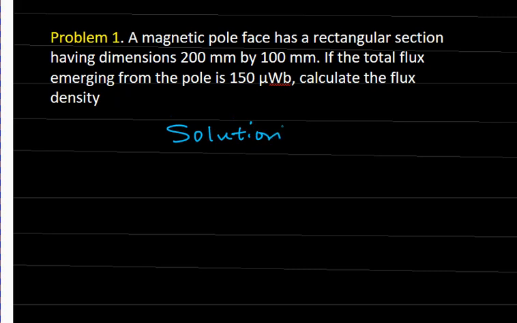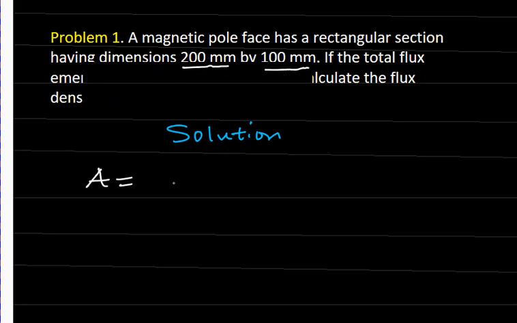Let me read the question. It goes this way: a magnetic pole has a rectangular section having dimensions of 200 meter by 100 meter. That simply means that the area is going to be, of course, this is a rectangle.